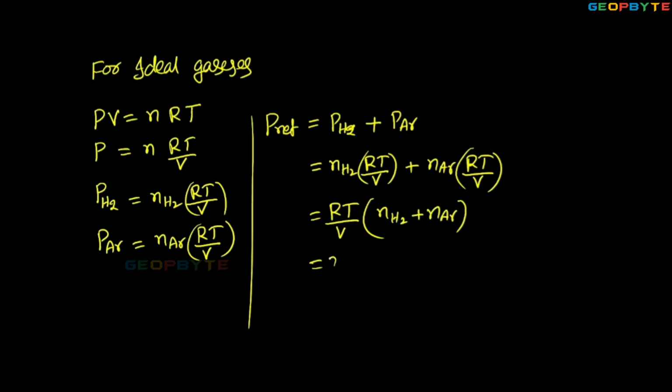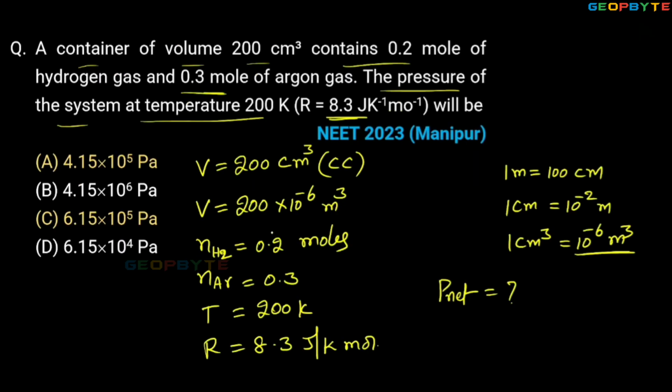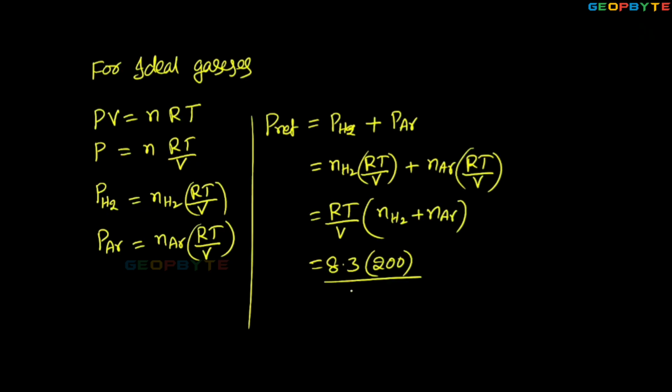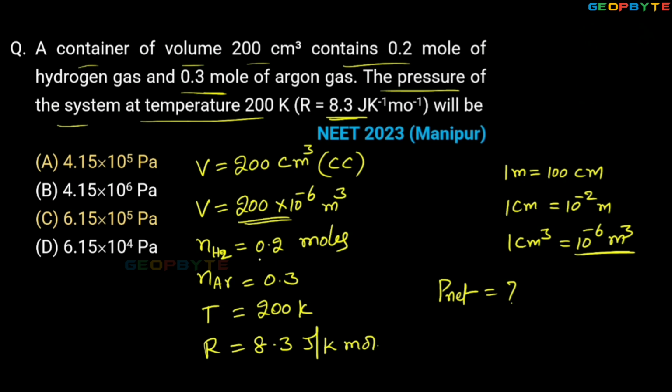R given 8.3, T given 200, volume is 200 into 10 power minus 6, into number of moles of the hydrogen given 0.2 plus argon moles 0.3.